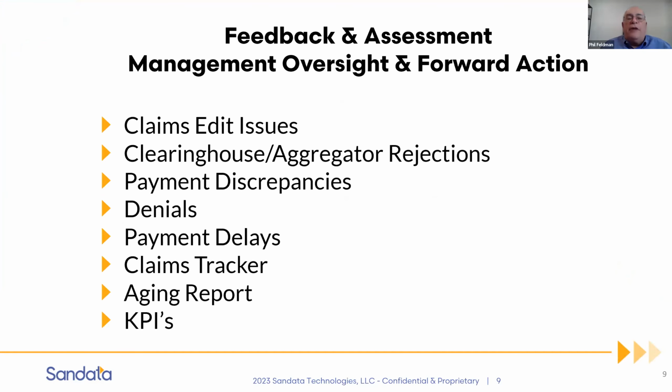And then feedback and reassessment. So we're looking through all of these items here, claims edit issues, the rejections, all of the things that we talked about in detail and are talking about on a daily basis. What are we seeing? What can be benefited and impacted in your process, in the vendor's process? How can the agency make it easier for the vendor so that their performance is benefited?